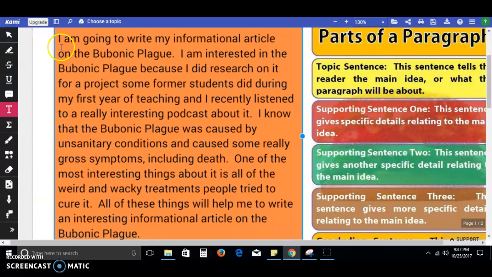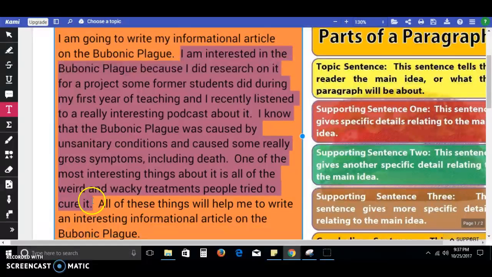So notice I have a topic sentence. That's my first sentence that tells you what I'm going to write about. Then I have 3 supporting sentences. My first supporting sentence says why I want to write about it. And my last 2 supporting sentences give some more information telling what I actually know about the topic.